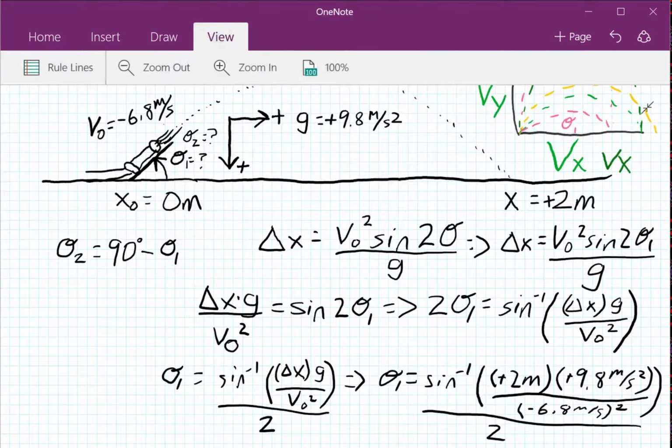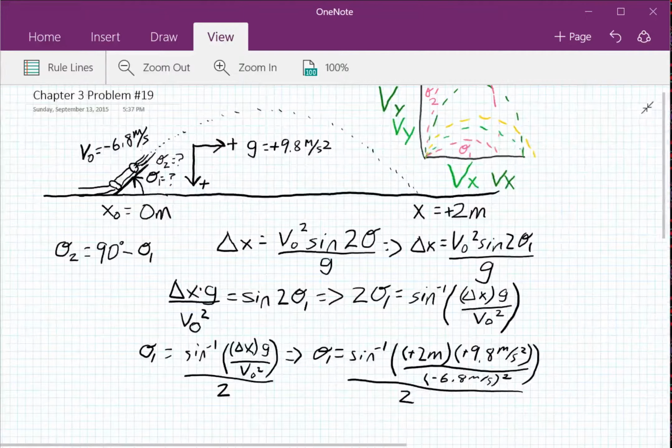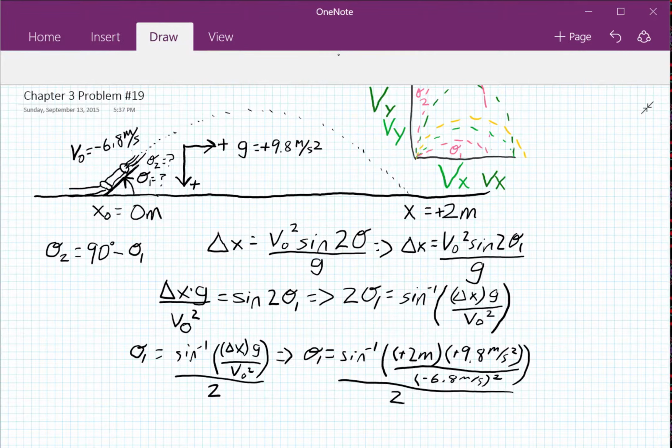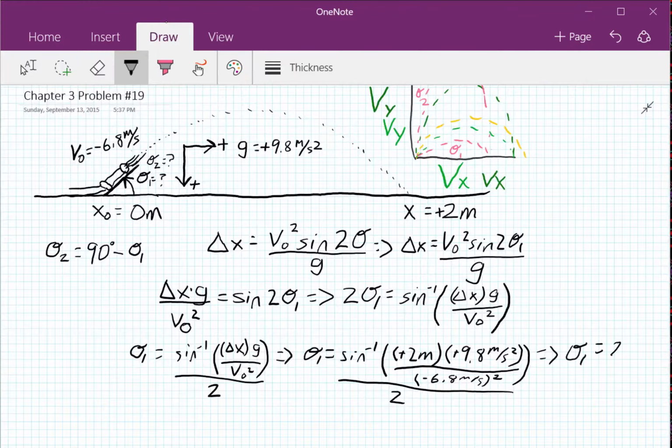You should get a value of theta 1 equals 12.54 degrees.